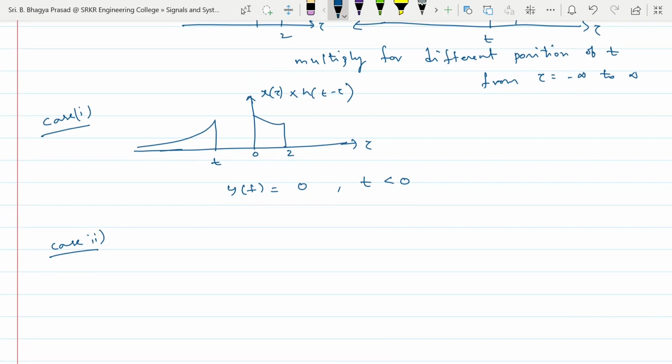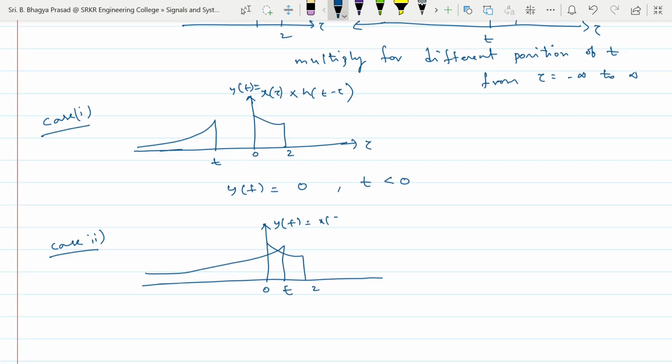Okay, next case, case 2. Here t touches 0 and goes into the region of 0 to 2, and the product is x of tau multiplied with h of t minus tau.